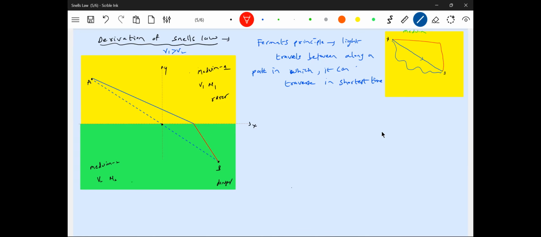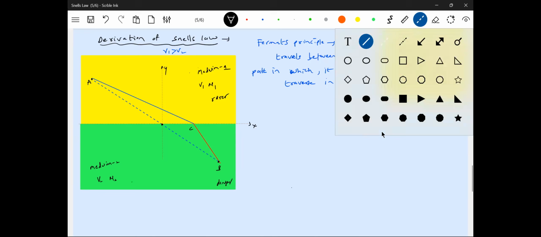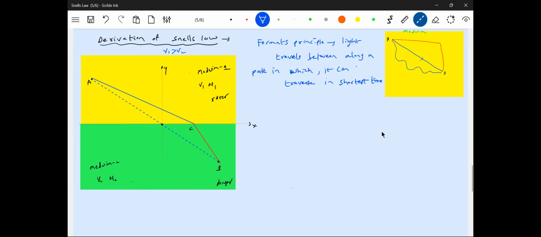Why not AB, why are you suddenly changing the position of this? We have enough mathematical reason. This is the normal, what we can put here. So let this be theta 1, let this be theta 2, so that this is the incident ray and this we call the refracted ray.